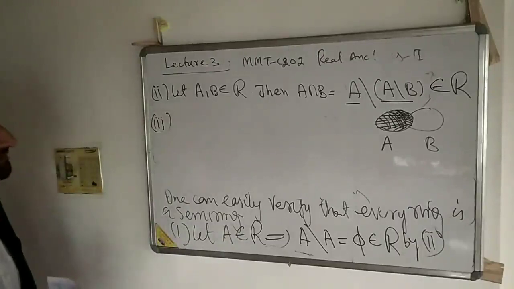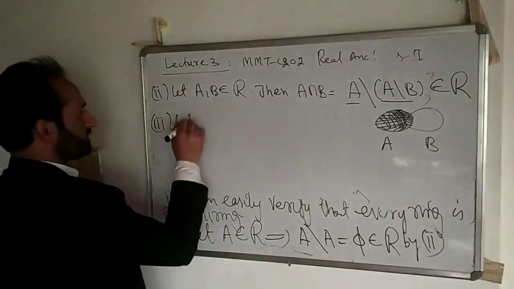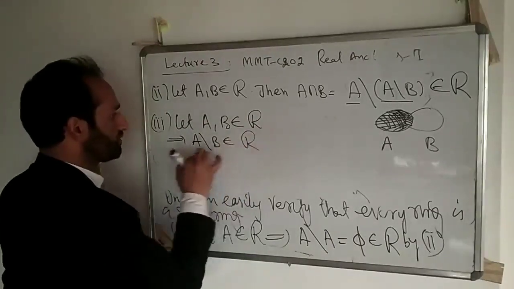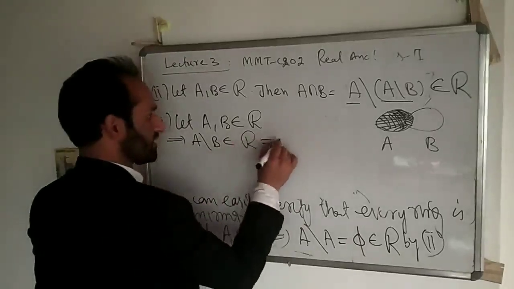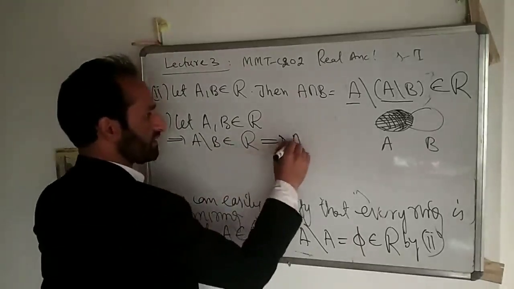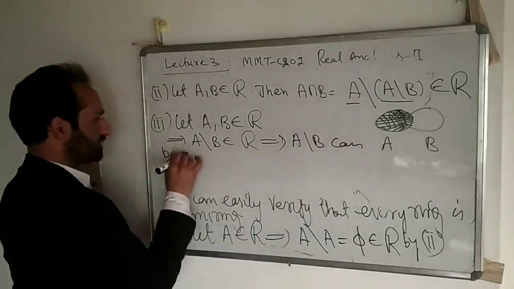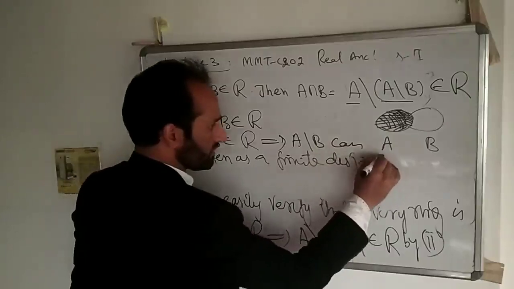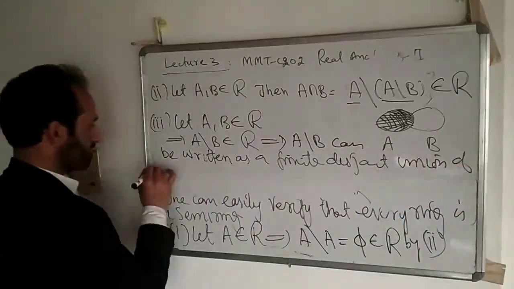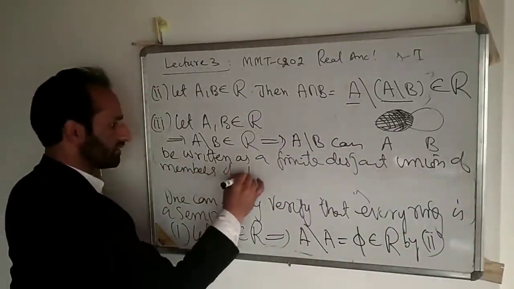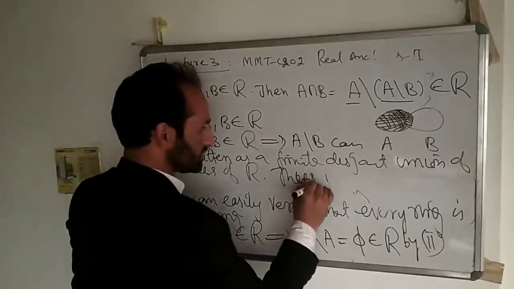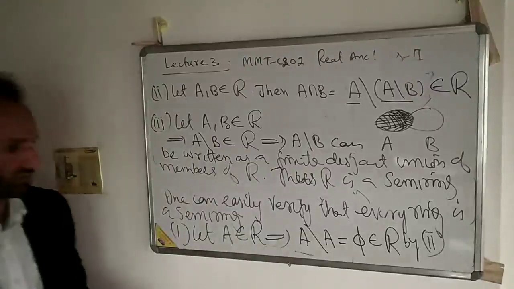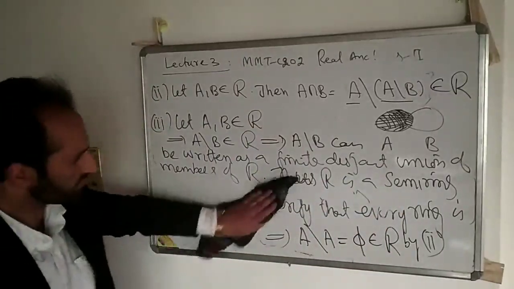Now we prove the third property. Let A, B belong to R. Then A minus B is also in R. So A minus B can be written as a finite disjoint union of members of R, because it is itself a member of R. So thus R is a semi-ring. Therefore every ring is a semi-ring. But the converse is not true in general.